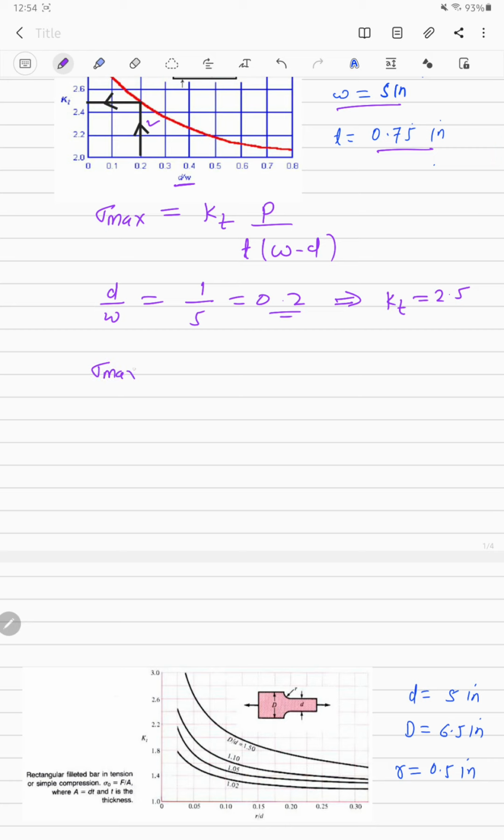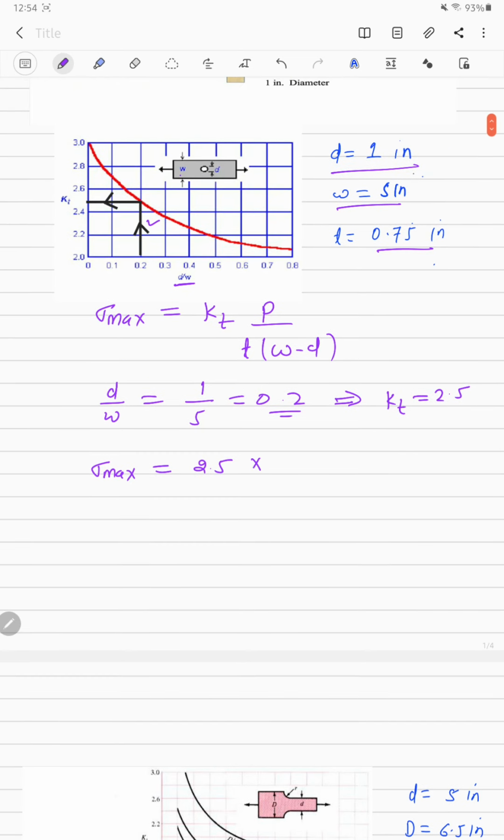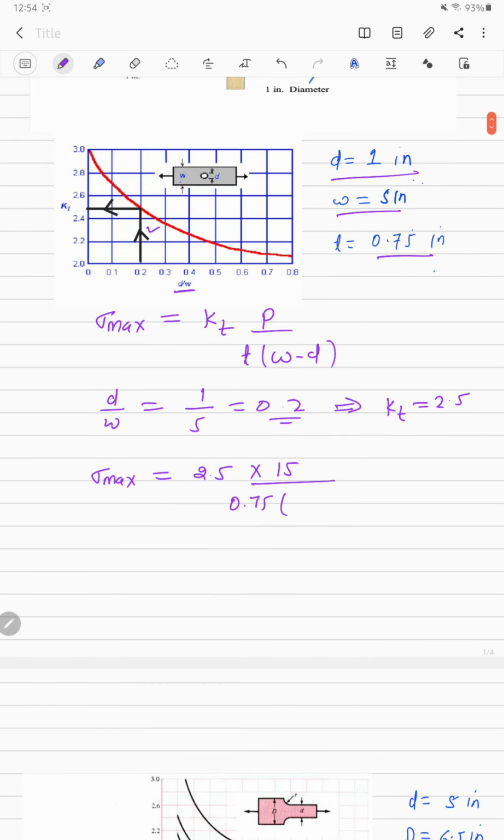Sigma max will be KT, 2.5, times force 15, divided by thickness 0.75 times W minus D, which is 4. It will be 125 ksi. So this is the first part of the problem.